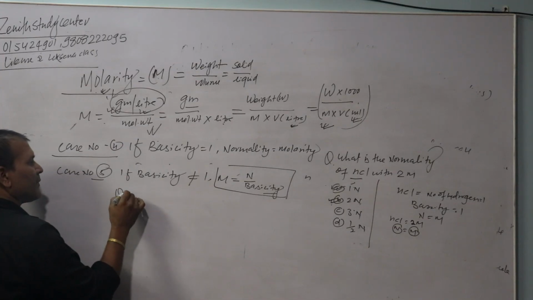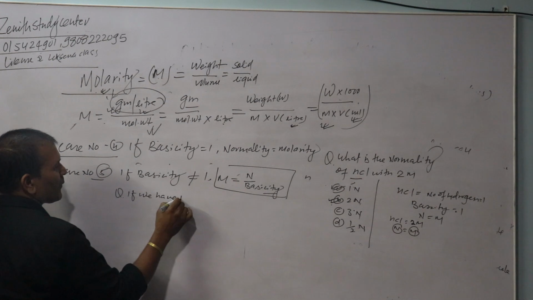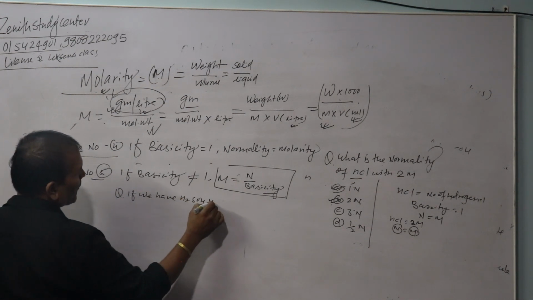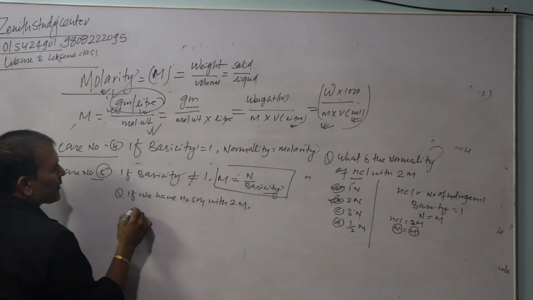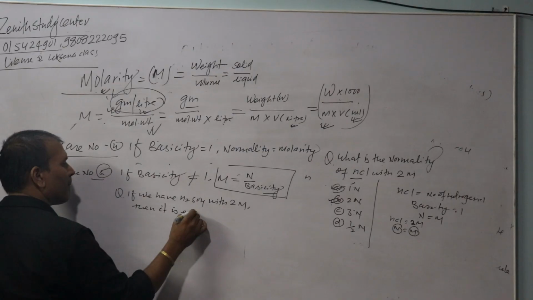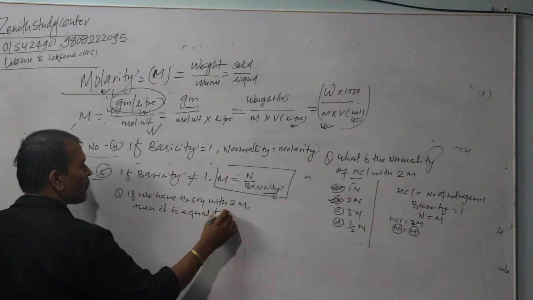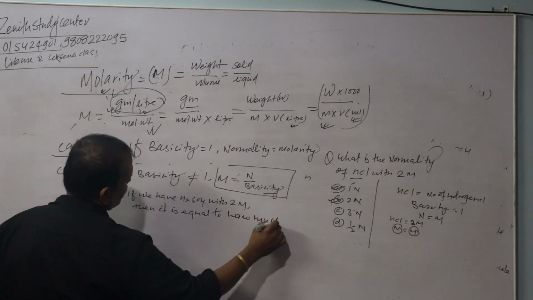Suppose a question: if we have H2SO4 with 2 molar, then it is equal to how much normality?